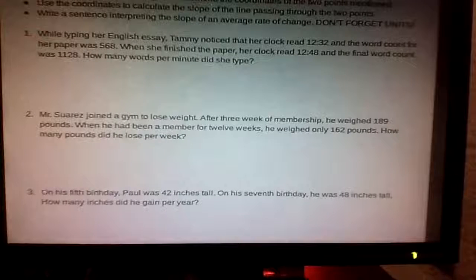So, the biggest thing with word problems is you have to zip it.